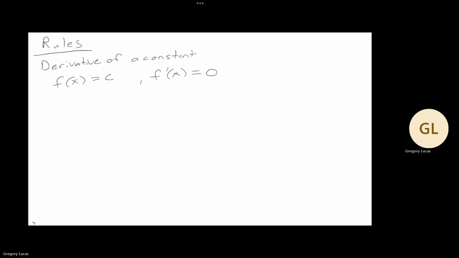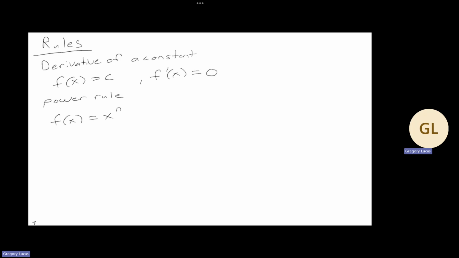Okay. Let's say we have a power. So if we have a power, we call this the power rule. Let's say f of x is x to the n, where n can be absolutely anything.